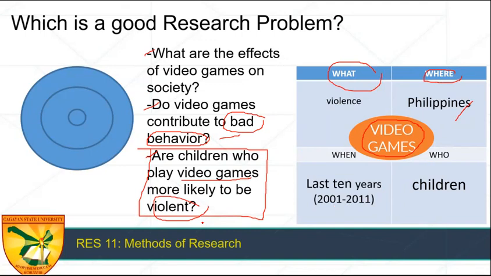It's not that complete yet, but it's already a good research problem. Who? So we say children. And when, we can add here for the last 10 years. So our children in the Philippines who play video games are more likely to be violent in the last 10 years, something like that.